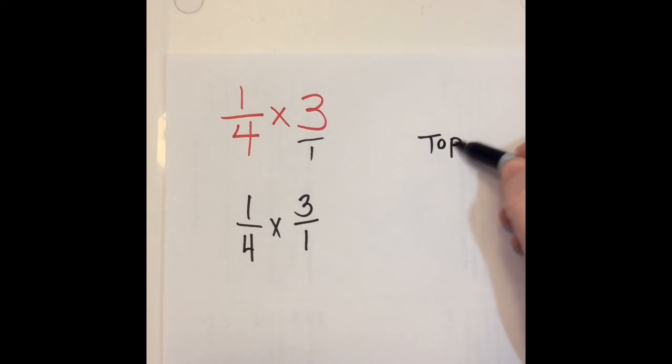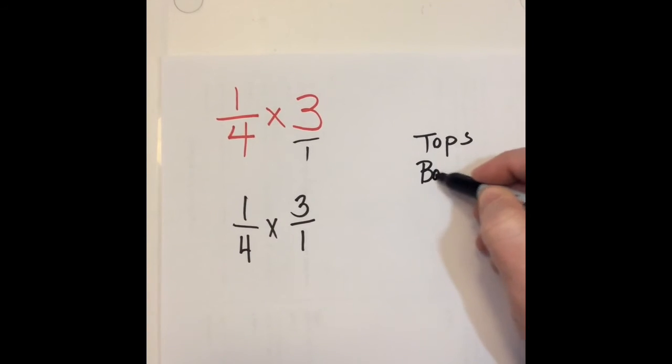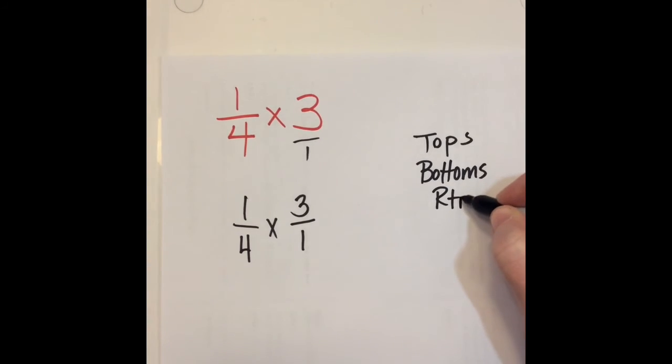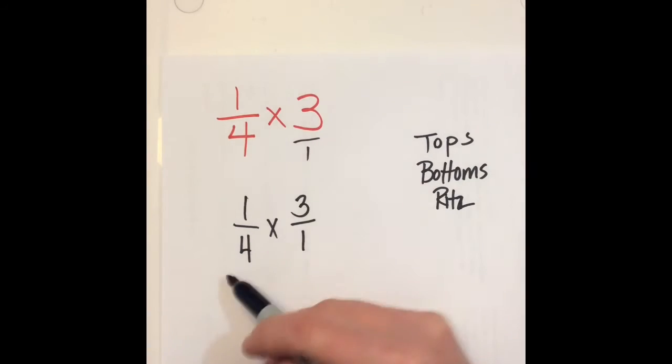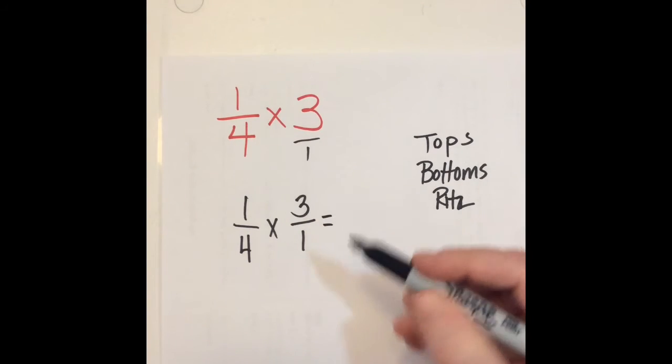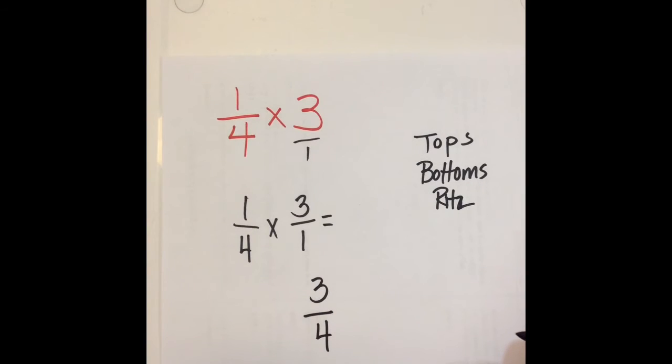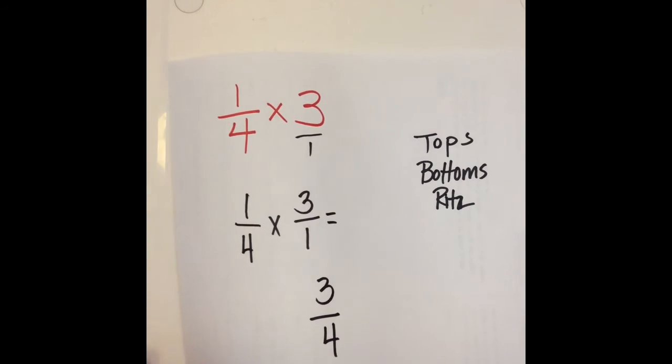Multiply the tops, multiply the bottoms, and RITs. Whoops, spelled that wrong. Sorry. There's nothing to reduce, so I'm just going to go ahead and multiply. 3/4.